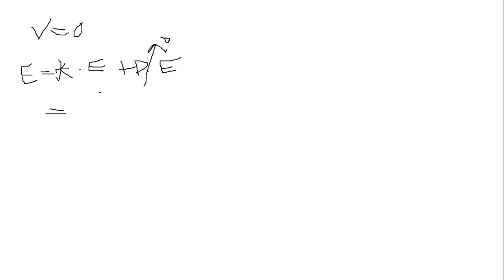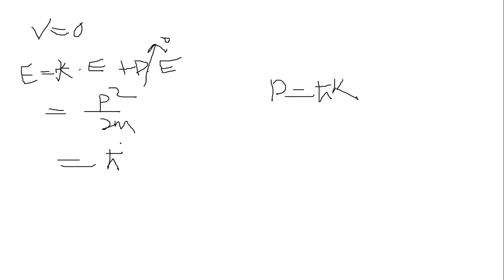So what will it be for kinetic energy? We know that kinetic energy can be represented as p square by 2m. Then if we put p equal to h cross k, which is another expression for p, it will be h cross square k square by 2m.